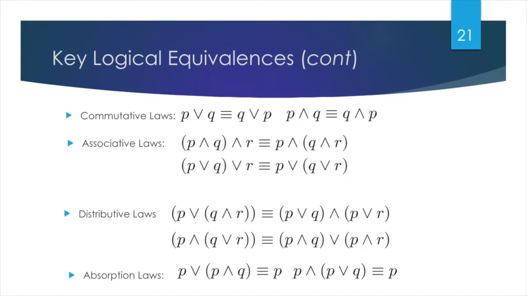Now when we have P and Q or R, we can just distribute the AND between them, and we will say P and Q or P and R. And we can use those laws as they are mentioned here. You don't need to worry about them.